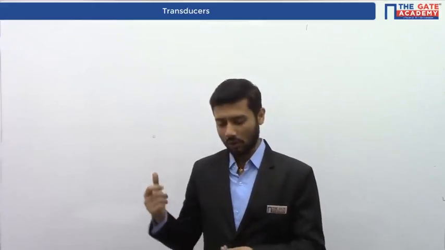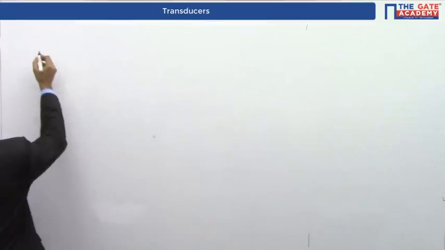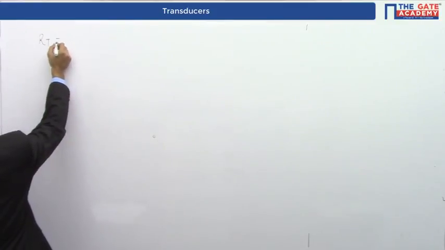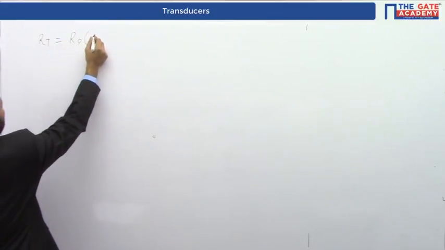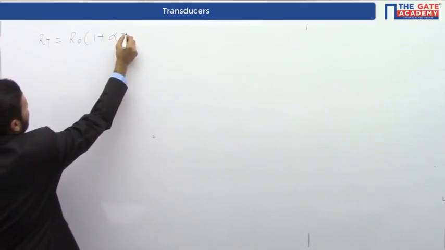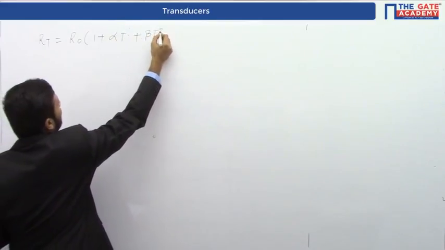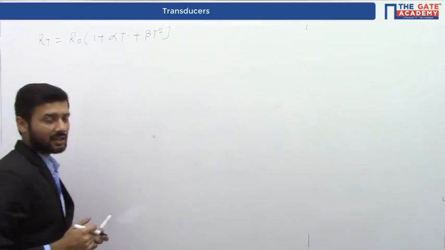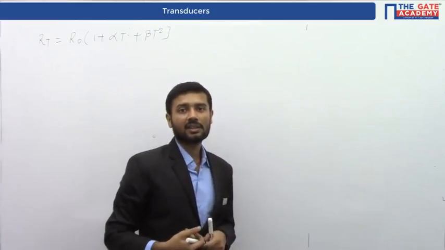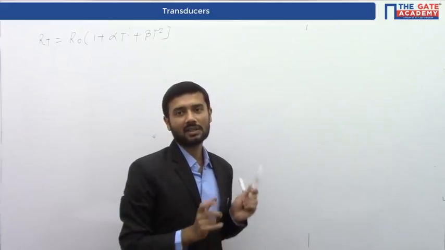The relation between resistance and temperature is already given in the question, and the relation was RT equals R naught into 1 plus alpha T plus beta T square.